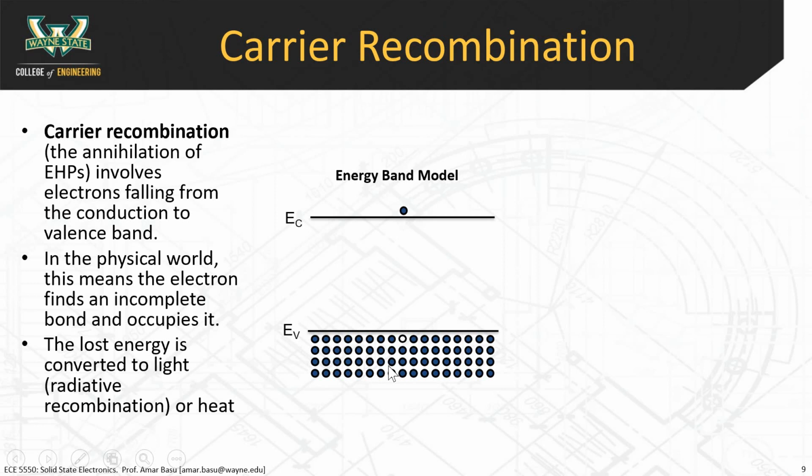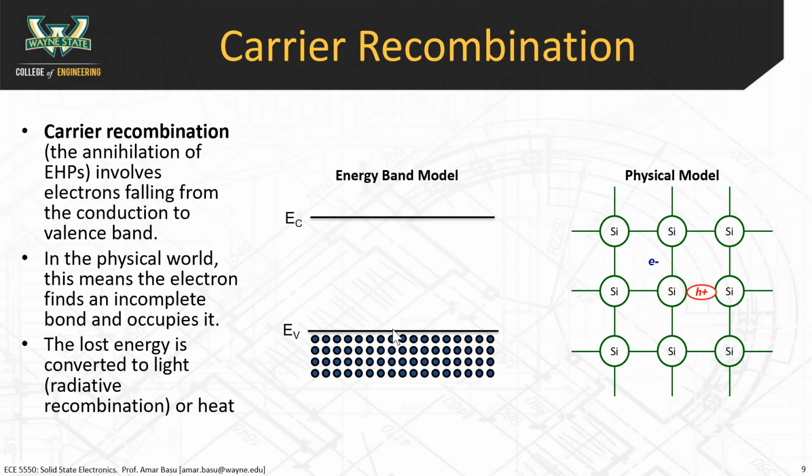Now, I want you to think about why that doesn't happen. If you have a lot of carrier generation events, you're going to generate a lot of carriers and a lot of empty states.